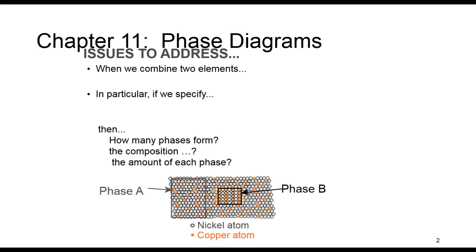We'll talk about when we combine two elements, what is the resulting equilibrium state. We'll talk about what we mean by phase. In particular, we specify, if the composition is a certain value, we learn how to specify it when the temperature is known.